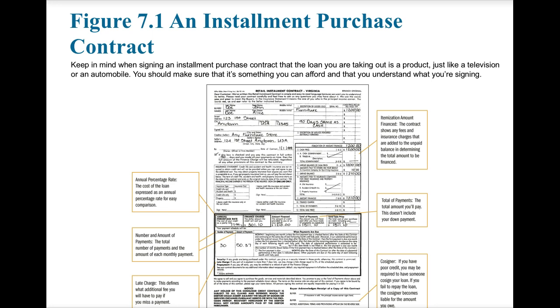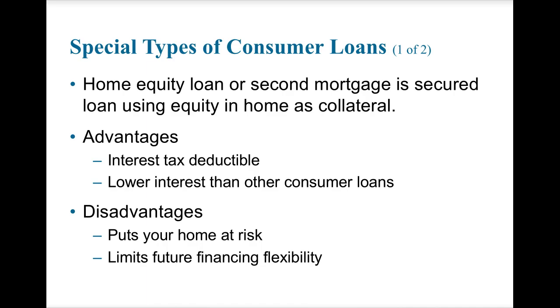It's just going to lay out the itemization of what you're financing, the percentage of interest, the payments and the total payments, the number of payments, what the late charge could be, and then your signature or co-signature. So this is a fairly boilerplate type of installment purchase contract. If you get a mortgage when you buy a house, the contract's a little bit more detailed than a simpler loan.